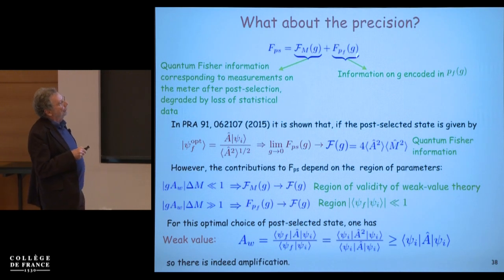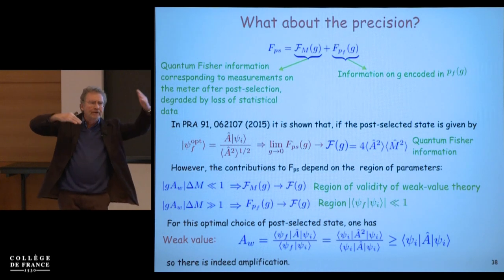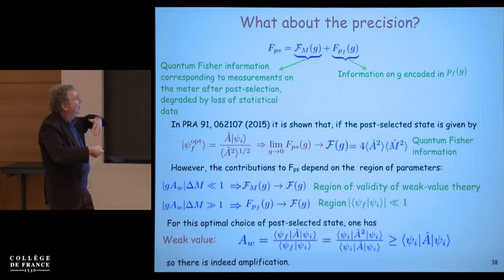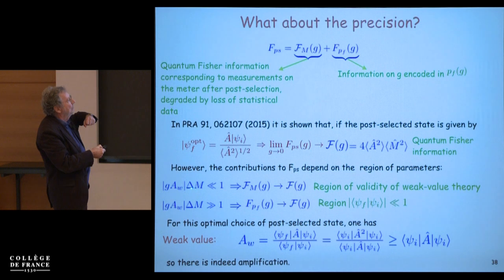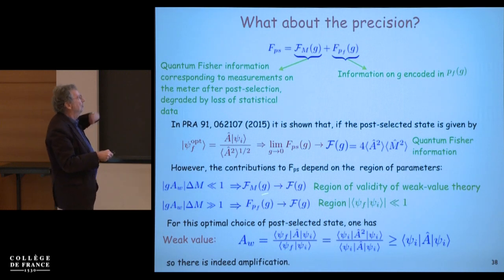However, the contributions of these two terms depend on the region of parameters. So if this is true, remember this was the condition for making that manipulation with the exponentials, so this is actually the condition of validity of the weak value theory, we showed that in this case it is this term that contributes. So the quantum Fisher information associated to the meter goes to the quantum Fisher information for this kind of measurement and for the best possible measurement.